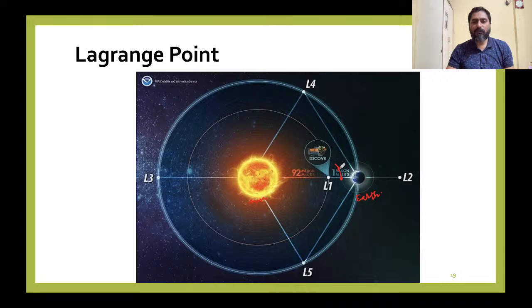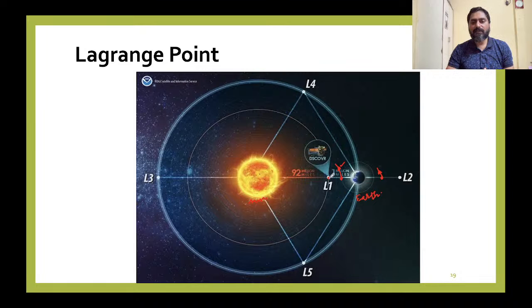So it will move faster around the sun than Earth. And if you take some object here, it will move slower than Earth. So what we are saying is that there are some points in space.